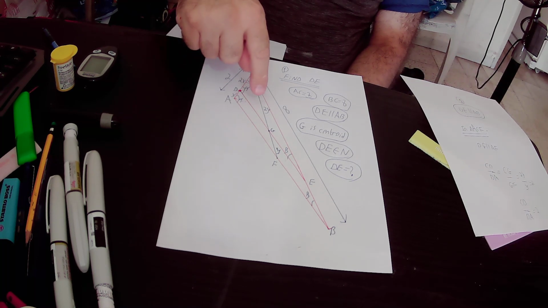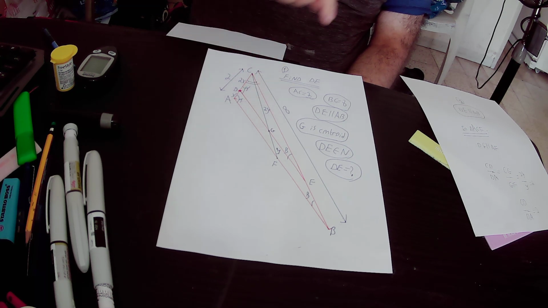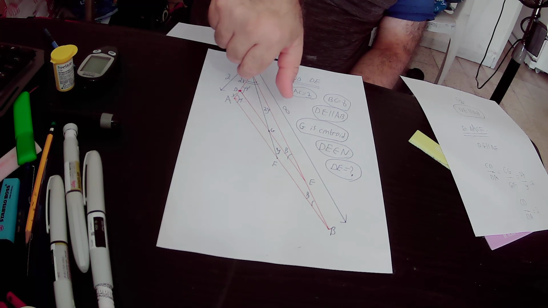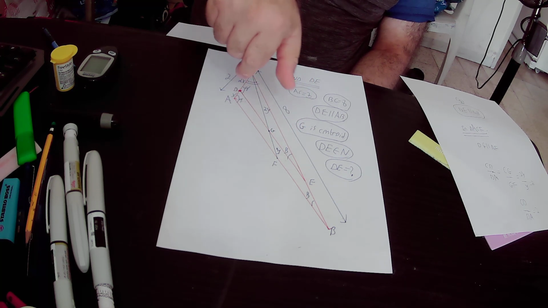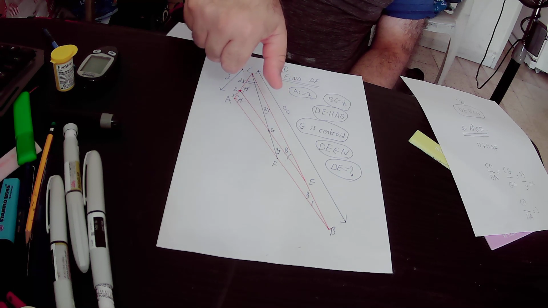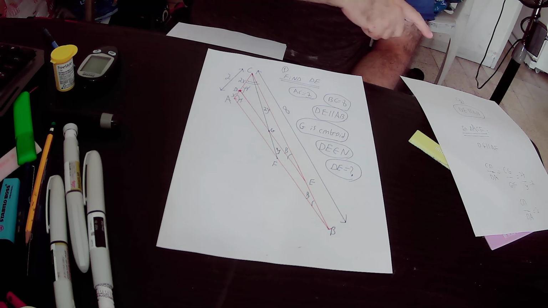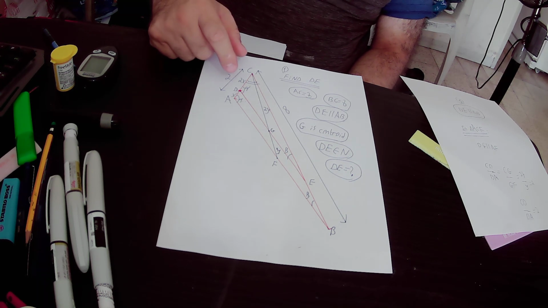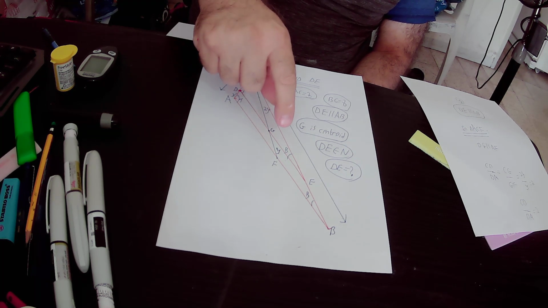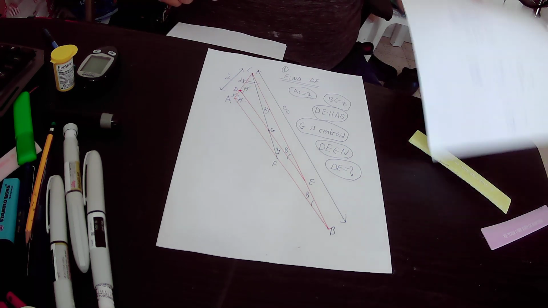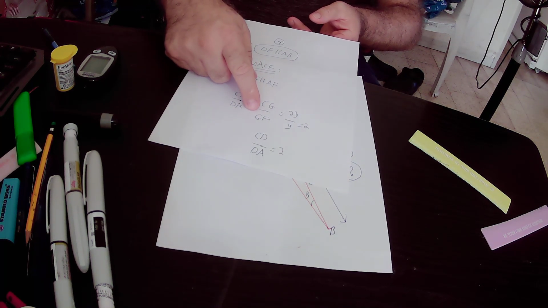Again, in triangle ACF, we know that DG is parallel to AF. Therefore, according to the rule that is stated, CD over DA equals CG over GF.